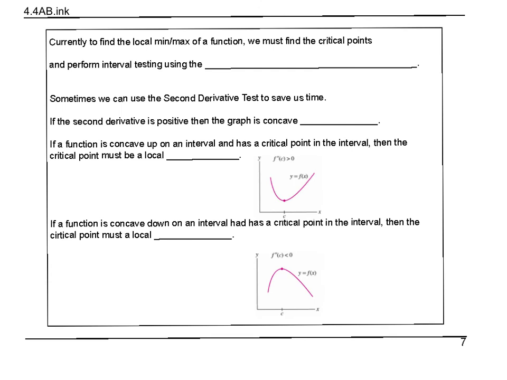Okay, to summarize here, currently to find the local min or max of a function, we must find the critical points and perform interval testing using the first derivative. Sometimes we can use the second derivative test to save us time. If the second derivative is positive, then the graph is concave up. If a function is concave up on an interval and has a critical point in the interval, then the critical point must be a local minimum.